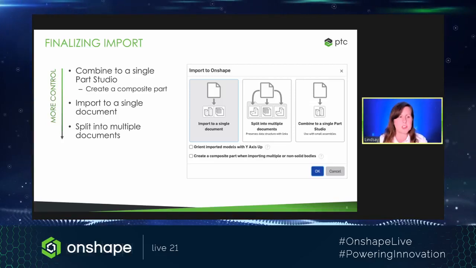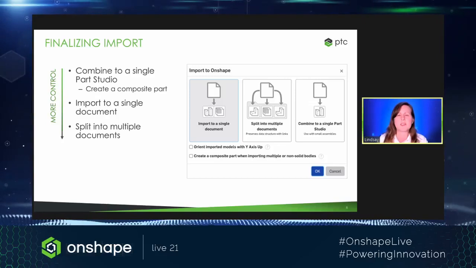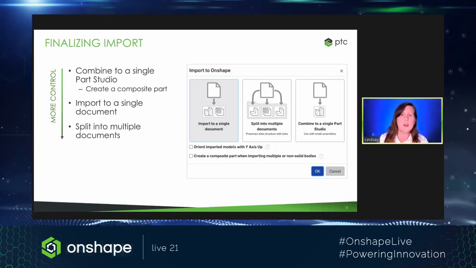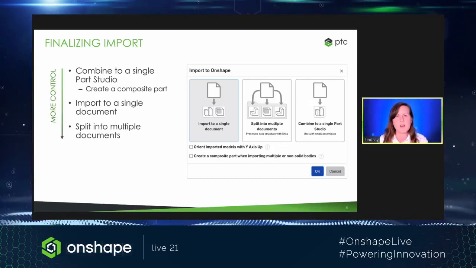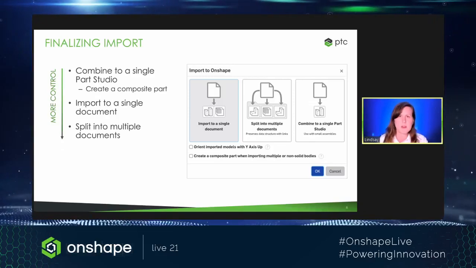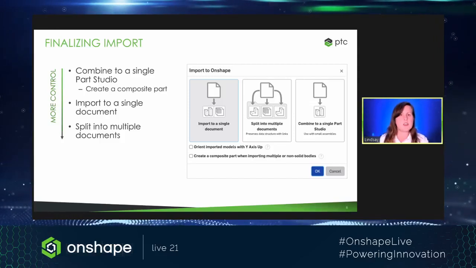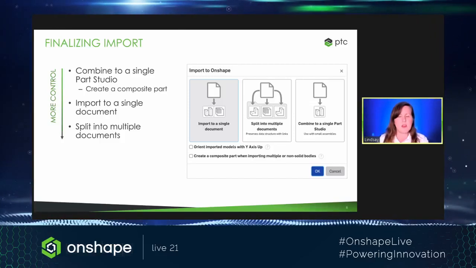And then the last option is to split into multiple documents. This is probably going to be similar to what you're more used to now. You have a single part file inside of SOLIDWORKS that has a single part in it. You have a single assembly file that has an assembly in it. In Onshape, we have documents that you can have multiple tabs in.